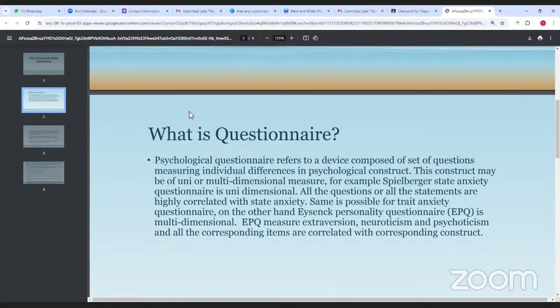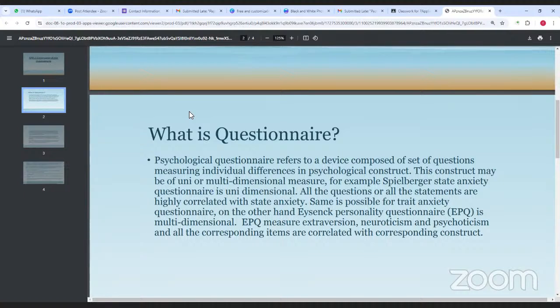For example, now you are developing one questionnaire, for pregnant women, and it is multidimensional in nature. So each item should be related to the corresponding construct.